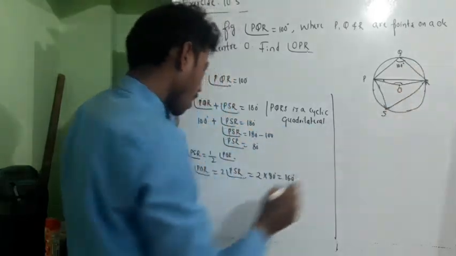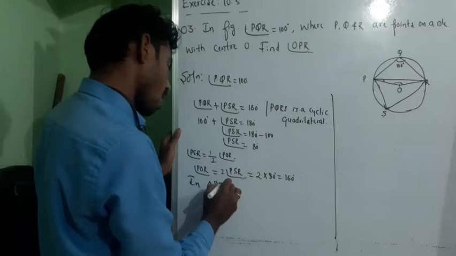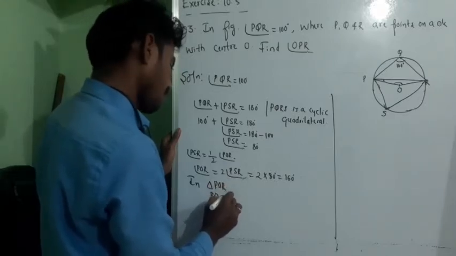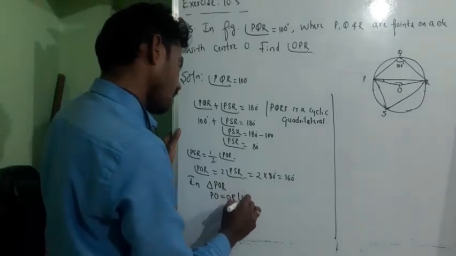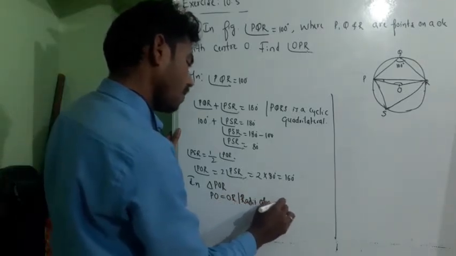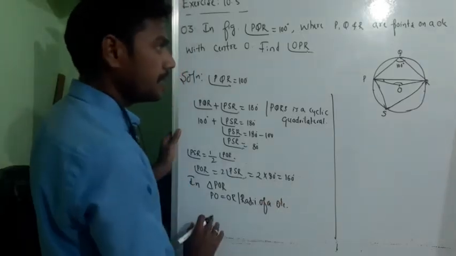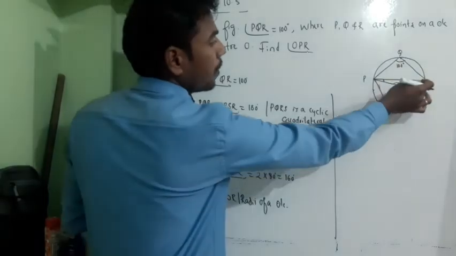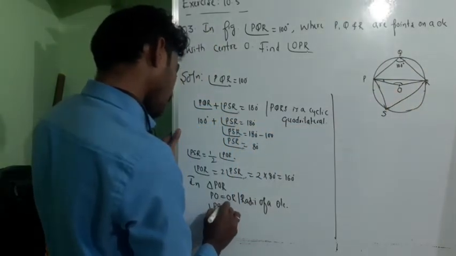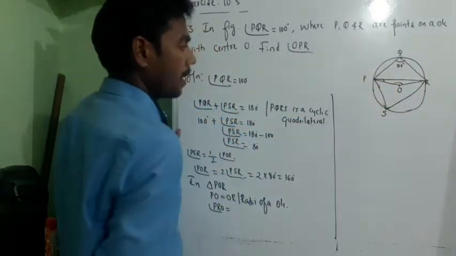In triangle POR, PO is equal to OR because they are radii of the circle. So what is the angle opposite to PO? That is PRO, which is equal to the angle opposite to OR, that is OPR.